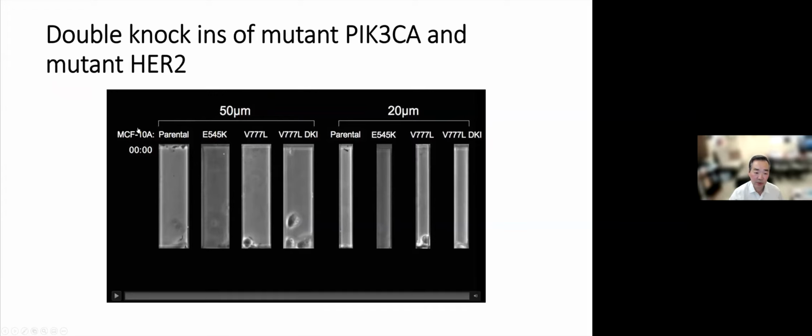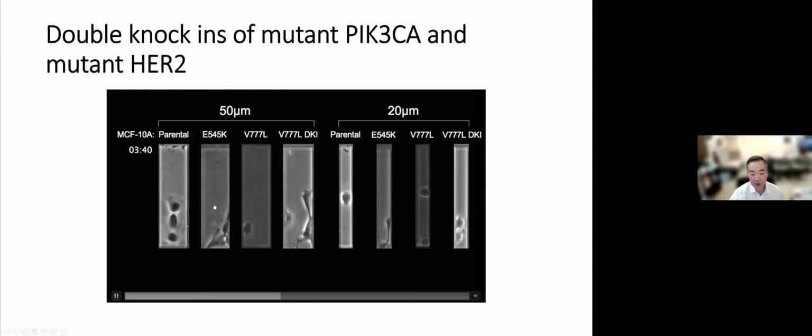So here you're looking at the parental MCF10A cell lines. This is the parental control, the single PIK3CA knock-in of the exon 9 hotspot, a kinase domain knock-in of HER2, and then the double knock-ins. This is work done in collaboration with colleagues at Johns Hopkins, putting it through capillaries at different diameters and having some sort of gradient attractant, and we could actually see increased migratory phenotypes, and hopefully this movie will work.